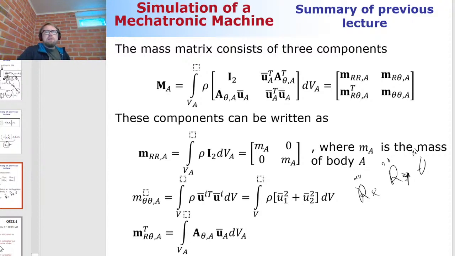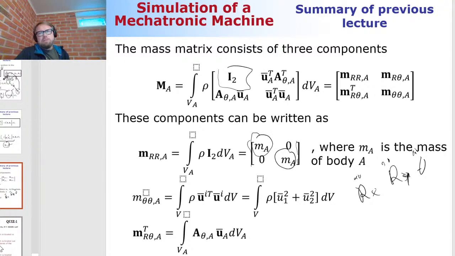So the mass matrix has 3 different components. One, located here in the upper left corner, is a diagonal submatrix with dimension 2 by 2, and this is a simple expression as it is a diagonal representation such that the body mass is in the diagonal components.